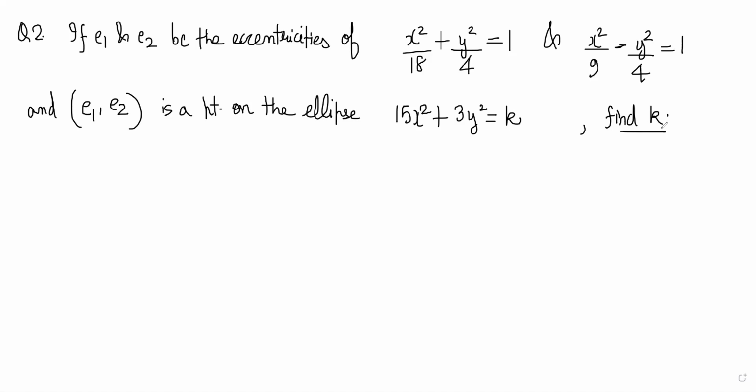This is straightforward. So e1 is √7/3 and e2 is √13/3. E2 is a point on it, so just put that. Yeah, b.